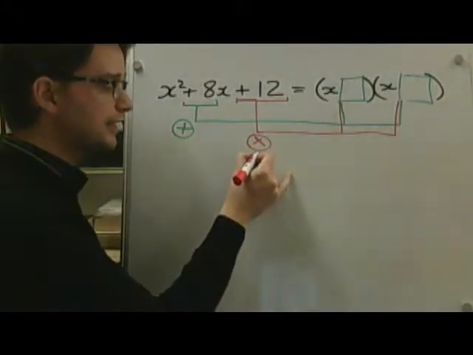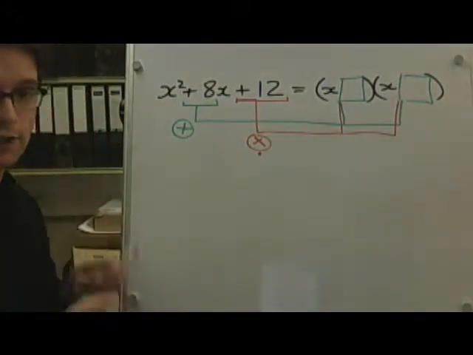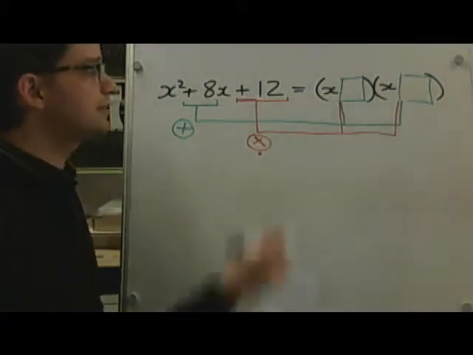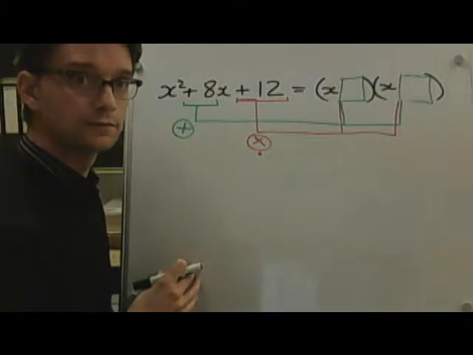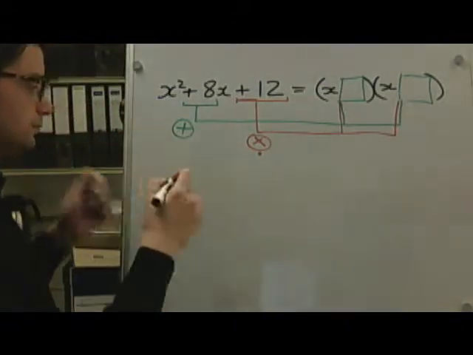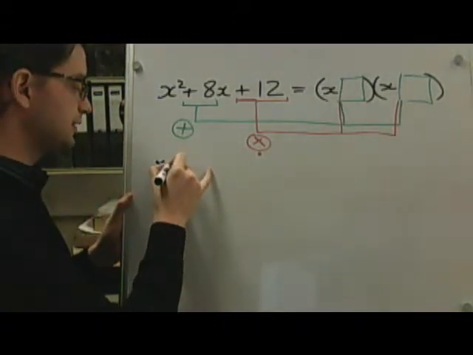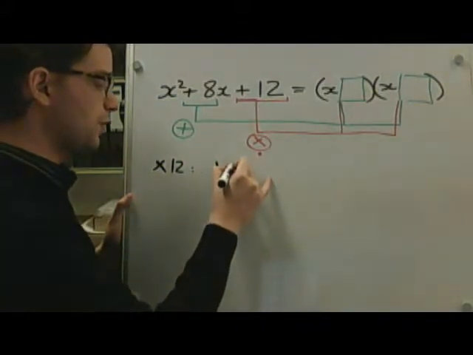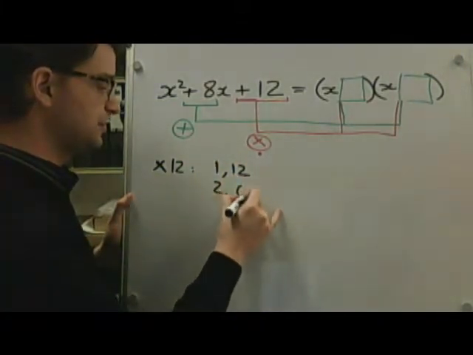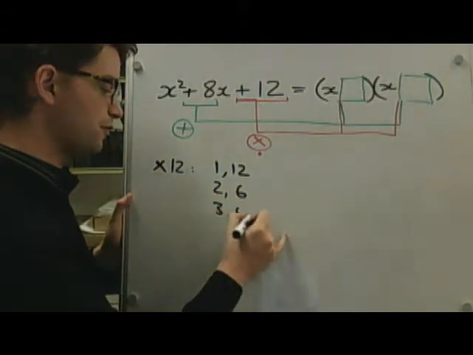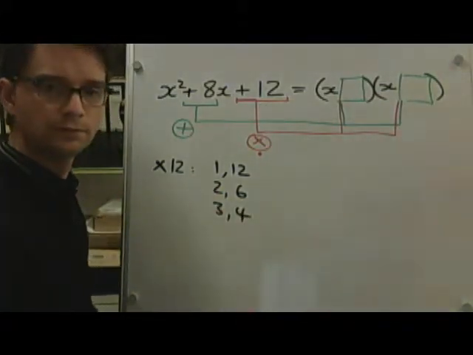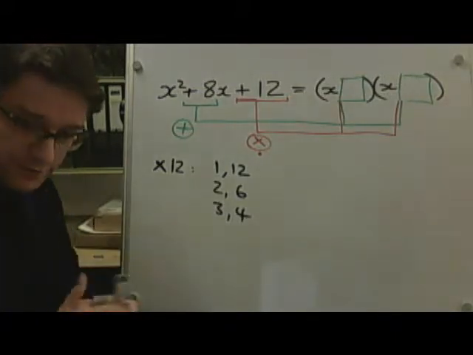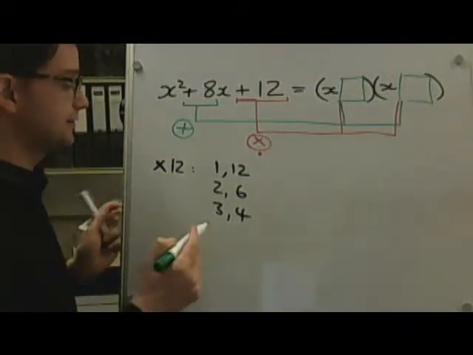And it's in the multiplication that I'm going to start. I'm looking for a pair of numbers that multiply together to give 12. What could that be? Well, it could be 1 and 12, 2 and 6, 3 and 4. But they also have to add up to 8.